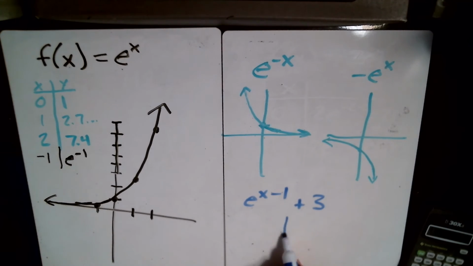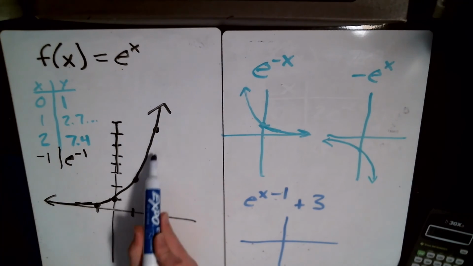We'll do one more. Okay. So the minus 1 right next to the x, that is going to move us how? It moves us to the right, right? So this moves us right 1. This moves us up 3, where it's on the outside, where it's not inside with the x. Okay? So this moves me right 1, this moves me up 3.